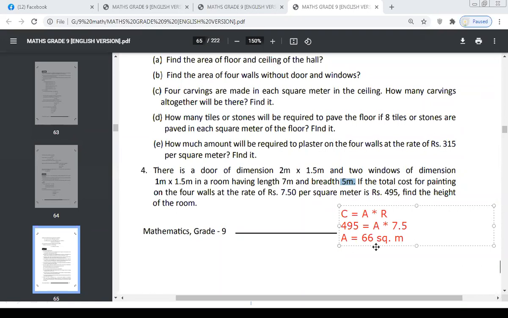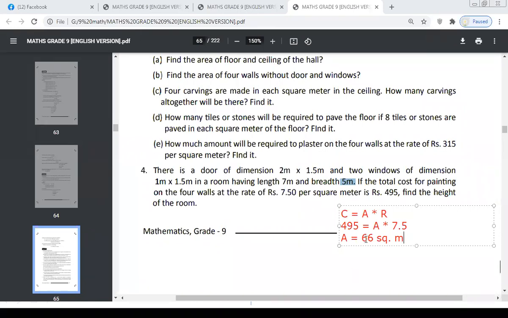As in question number 3E, we calculated the cost of plastering on 4 walls excluding door and windows. Excluding door and windows, what did we find there? We found the cost of plastering.